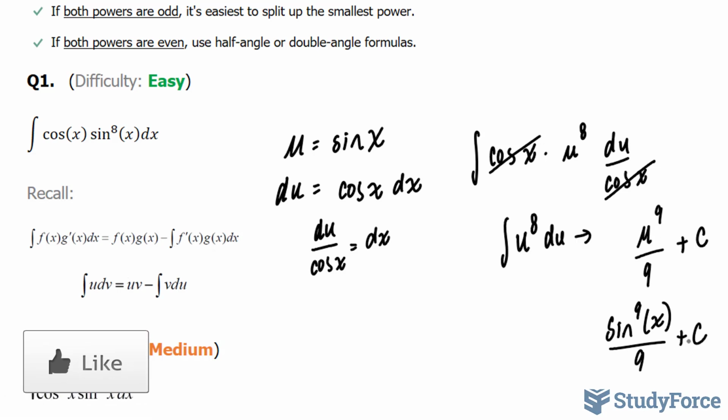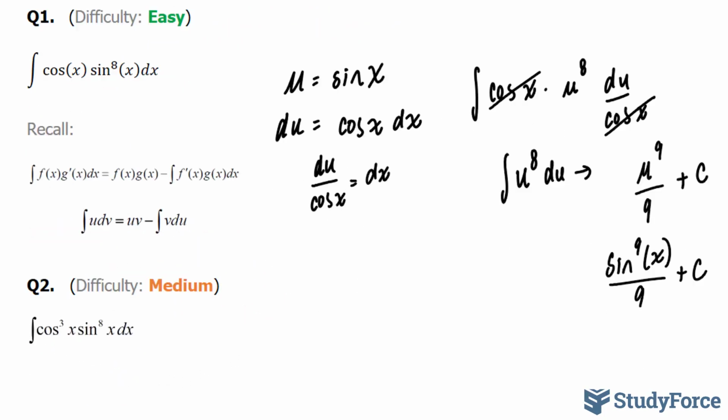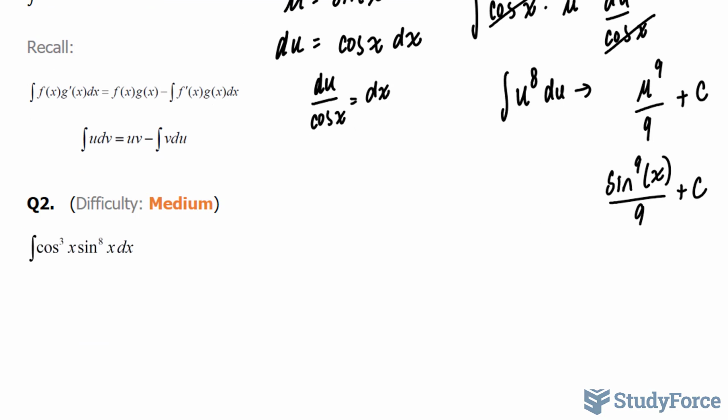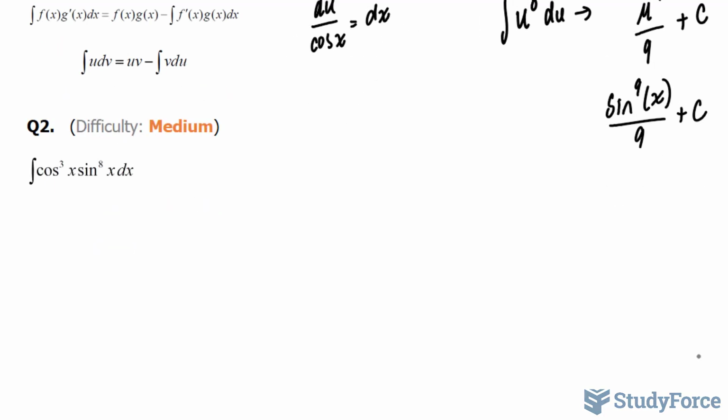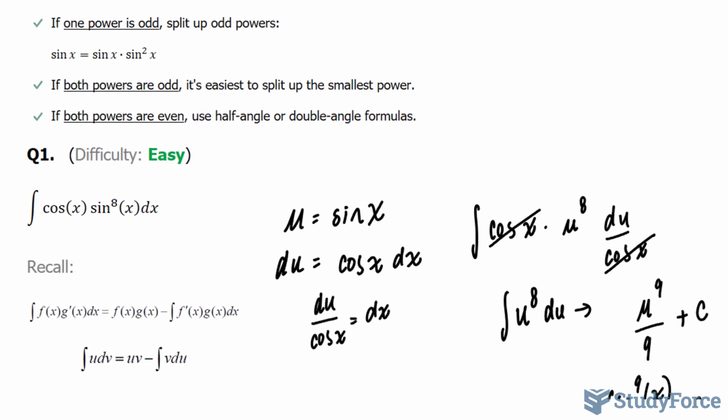Now, of course, they're not all this easy. They actually get very complicated. And in question number 2, we're asked to find the integral of cosine to the power of 3x times sine to the power of 8x dx. With these types of questions, u substitution also works, but you have to keep in mind these suggestions. And one of the suggestions up here says that if one power is odd, split up the odd power.